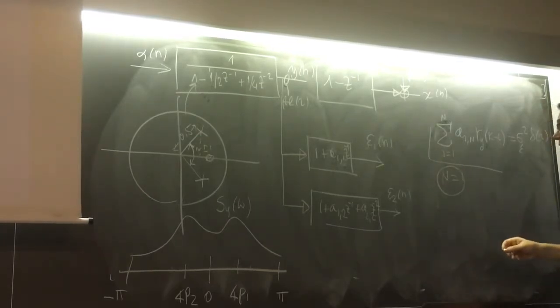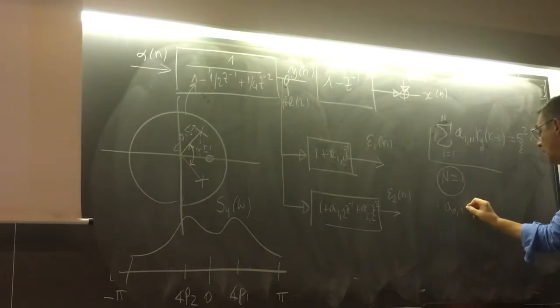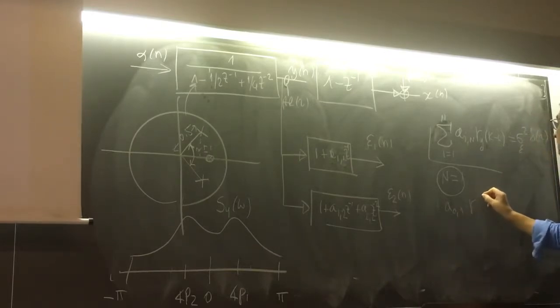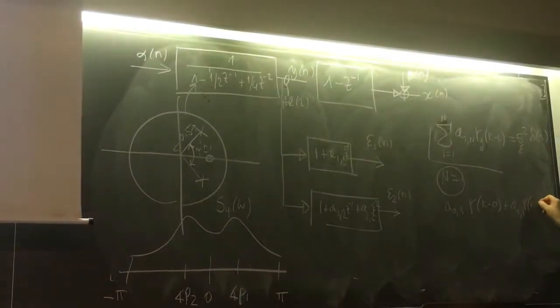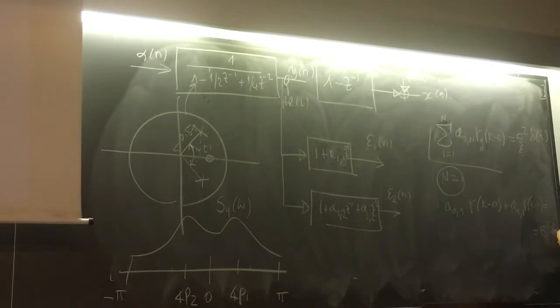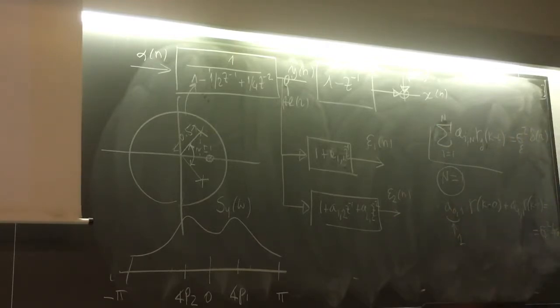My Yule-Walker formula is a_0 times R(k minus 0) plus a_1^(1), the linear predictor of order 1, times R(k minus 1), equal to sigma squared epsilon times delta_i, where i is 0. In the case of Yule-Walker, this coefficient a_0 is set to 1 because the polynomial is monic.